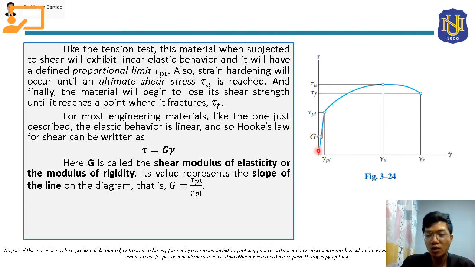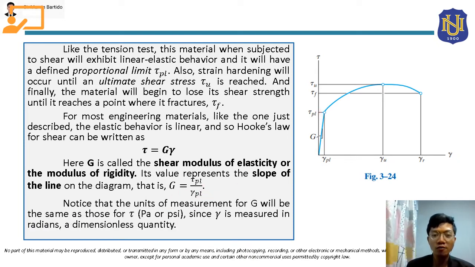We can use any point as long as it is within this line up to the proportional limit. Now for the unit of G, or the shear modulus of elasticity, that will be the same as the unit of tau, since gamma is expressed in radians, and radian is actually a dimensionless quantity.